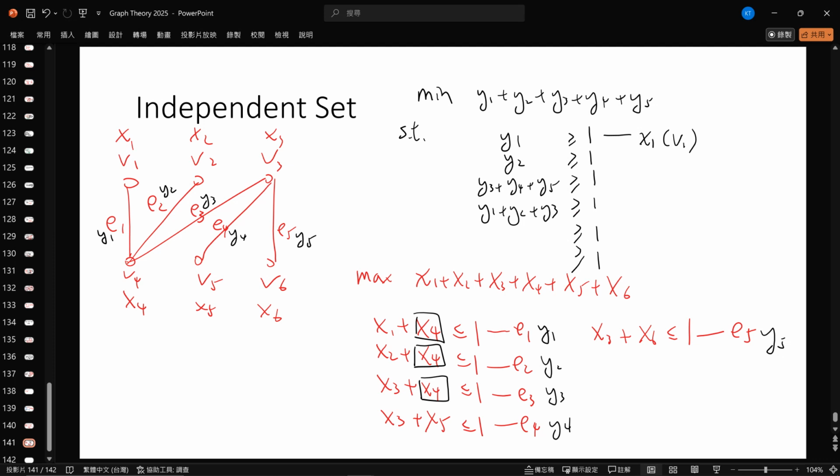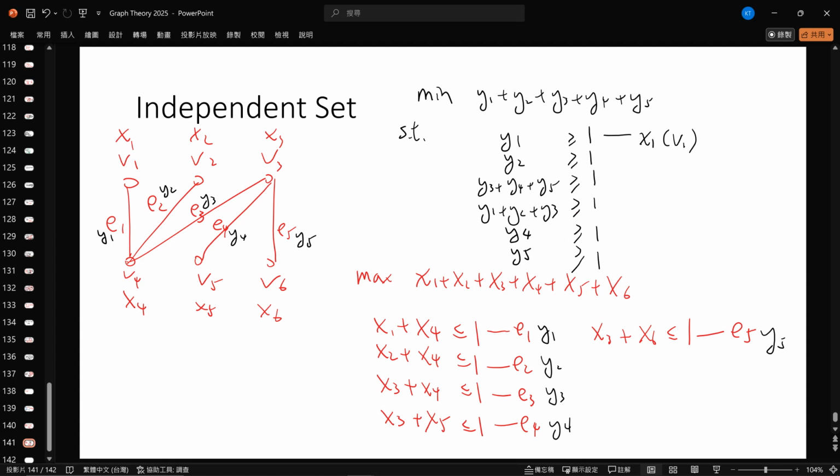So next, x5, okay? Okay, so x5, corresponding to v5, only appears in 1 constraint. Okay, so I think it's easy to see that for x6, this guy, okay, the left-hand side is just y5. Okay.